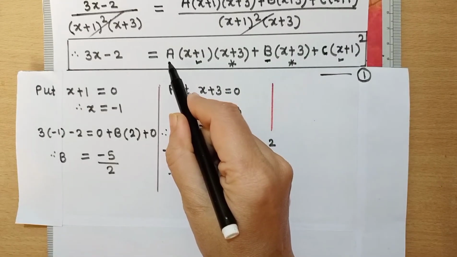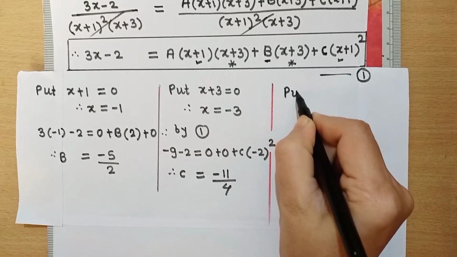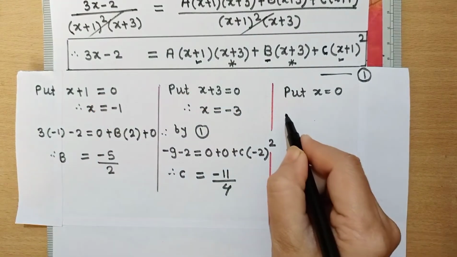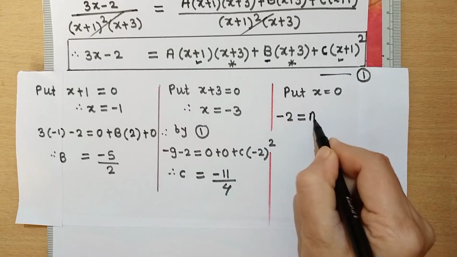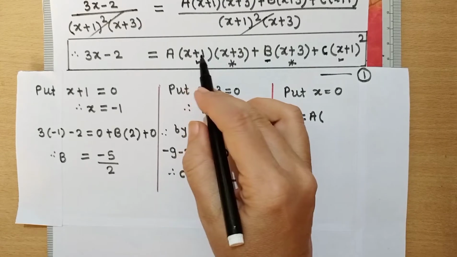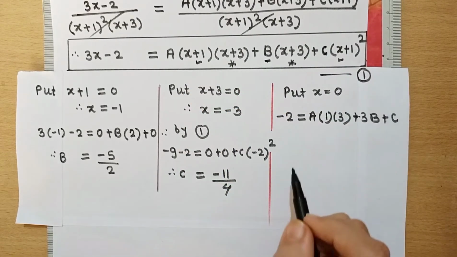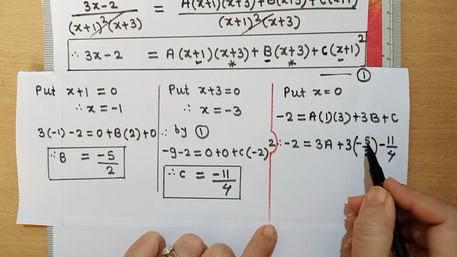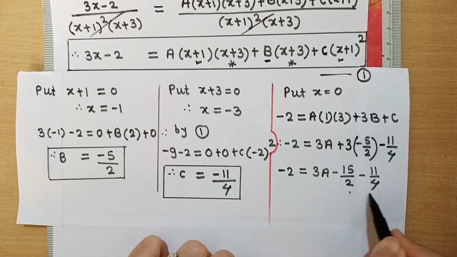Now, to find the value of A, we will substitute x equal to 0. So here put x equal to 0, and therefore the left hand side is minus 2, and that is equal to A in bracket x is 0, so this is simply 1, and this is simply 3, and simply C. So again we will substitute B and C from this. So multiplying inside, 3 5s are minus 15, and move these two terms to the left hand side.